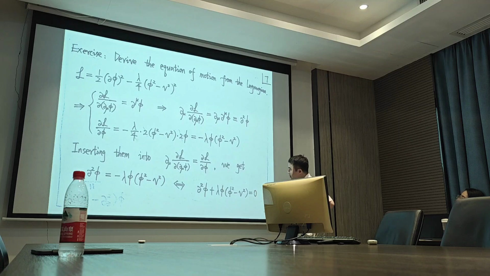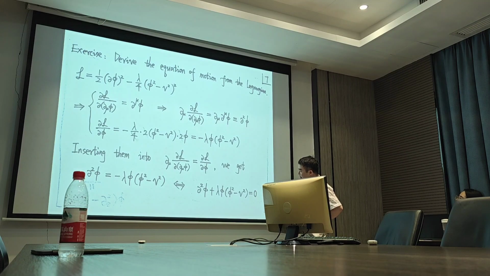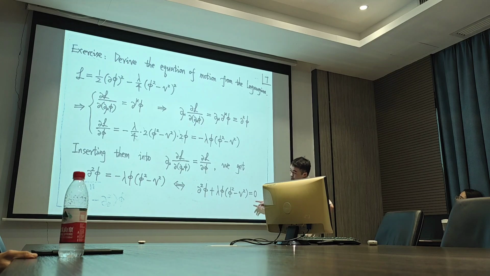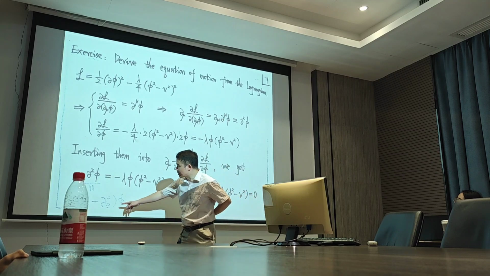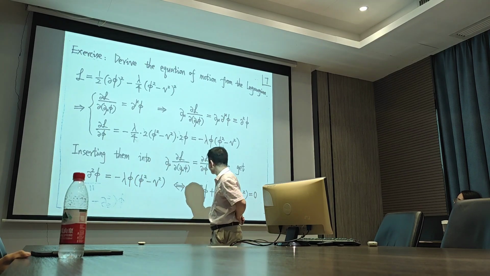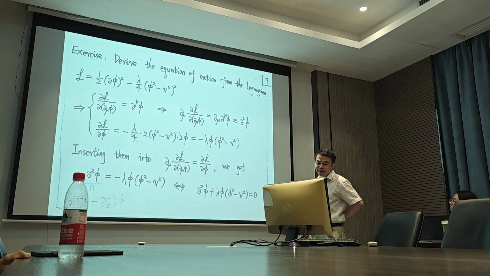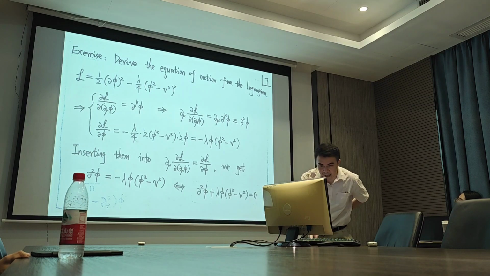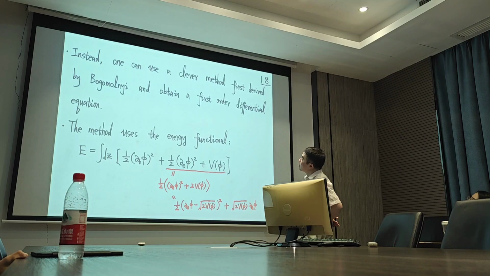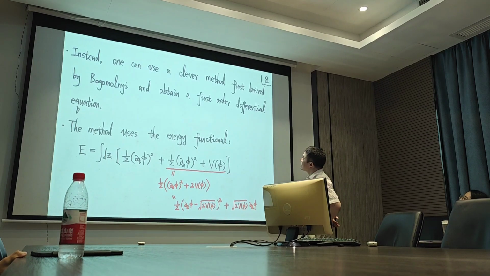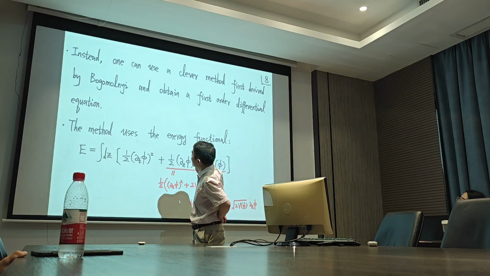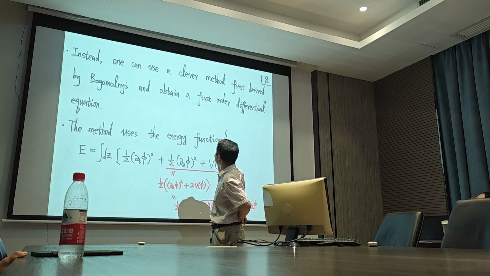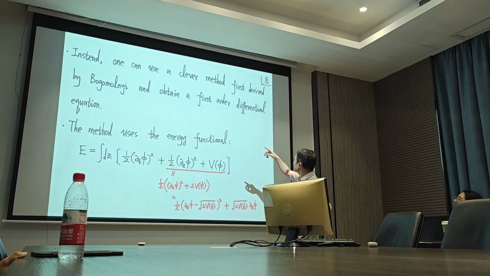Its explicit form for two-dimensional space-time is this form, with time and space derivatives. It's not easy to solve this equation. One clever method to solve it was proposed by Bogomolny, and with it we can obtain a first-order differential equation.